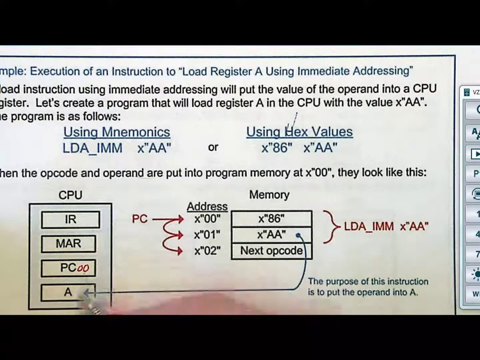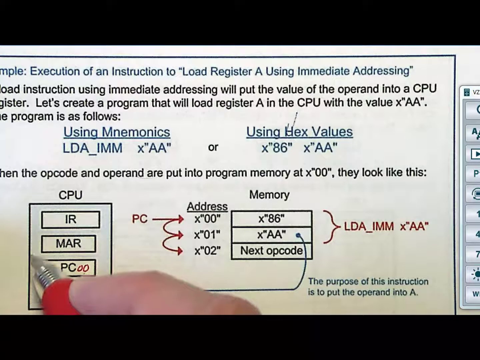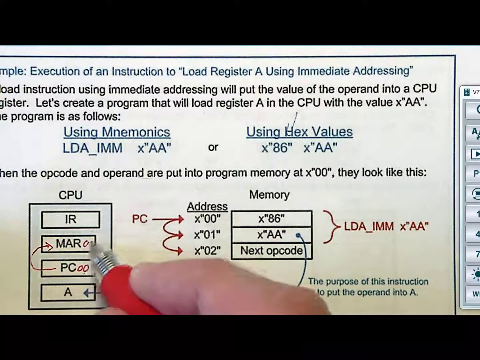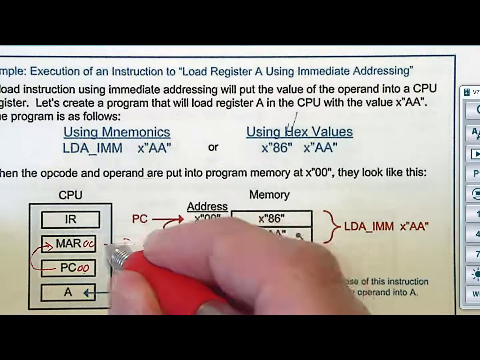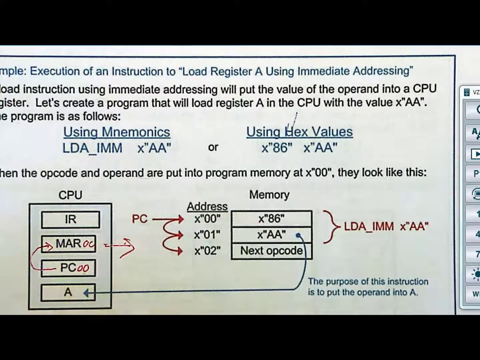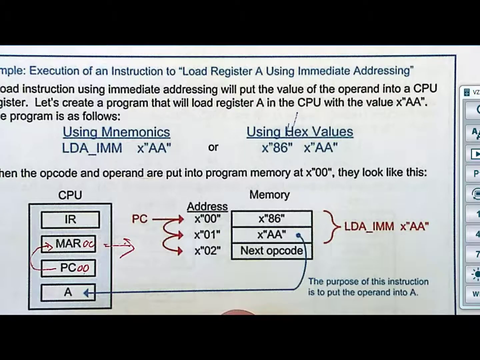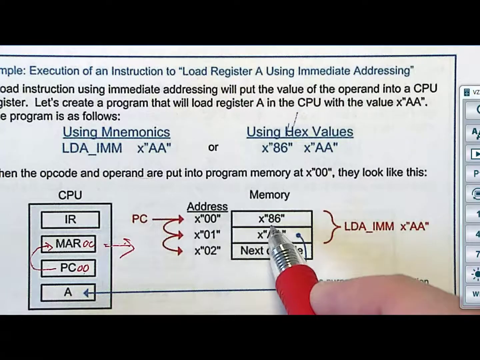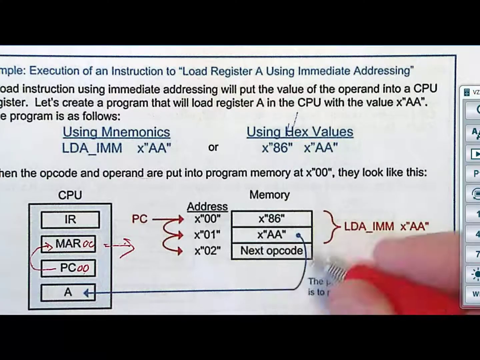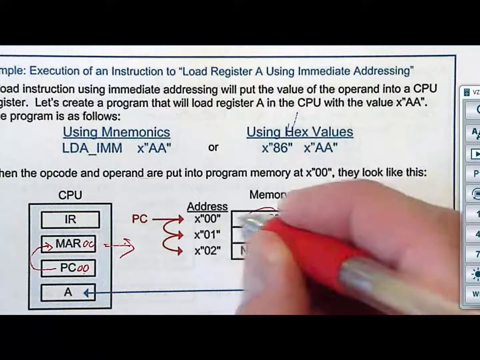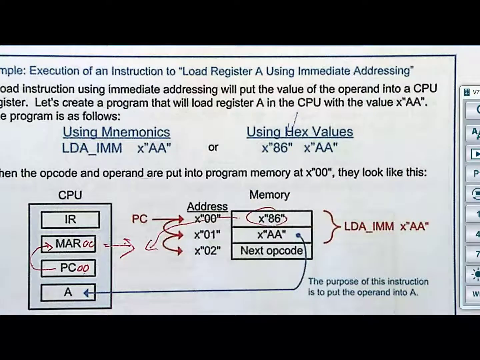So I take the program counter and put it into the memory address register, and then I read. At that moment in time, who's coming over on the data bus from memory? Who's coming over to the CPU? 86. I have just read 86. Here comes 86, and it's coming over. Where's old 86 going to go?